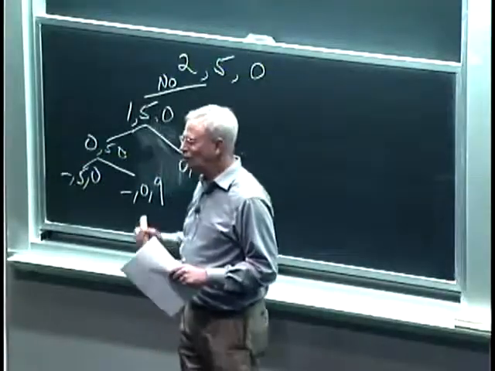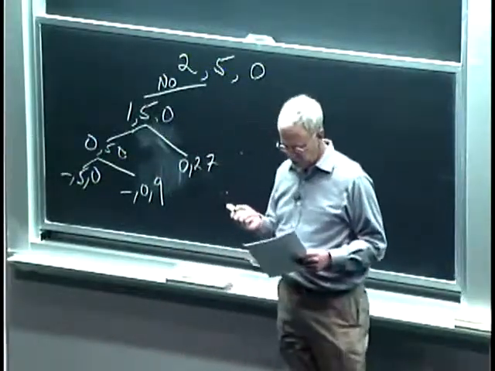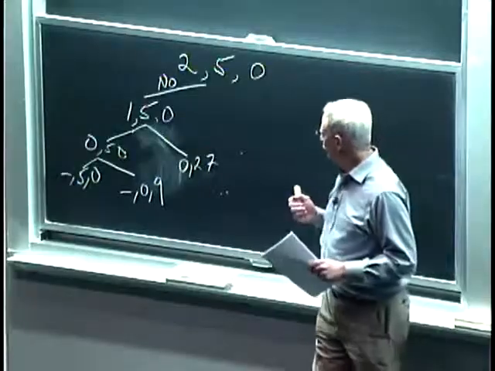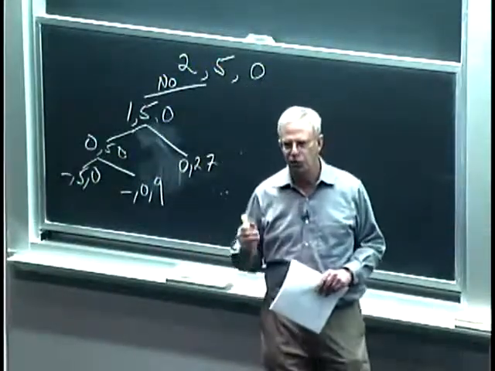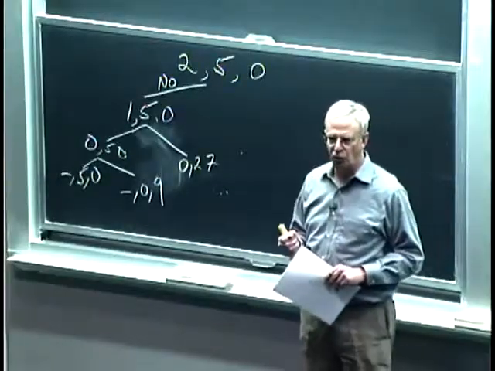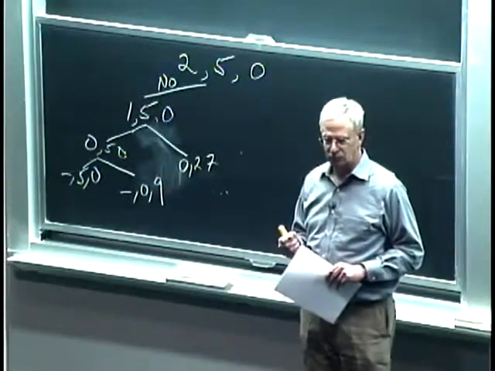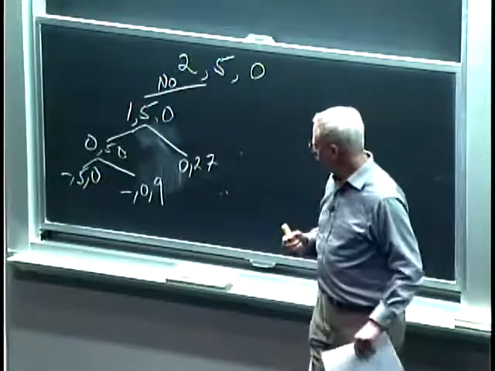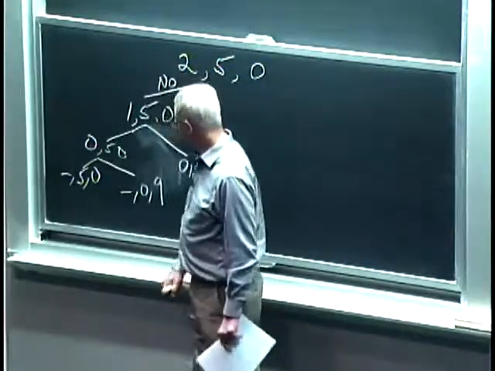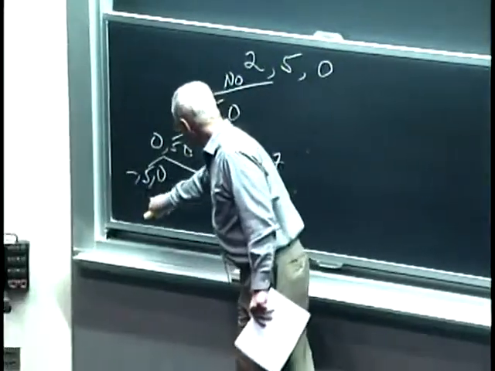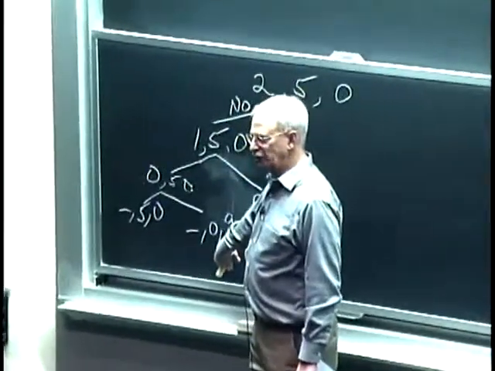But what I want you to notice is that for each node except the leaves, the solution for that node can be computed from the solutions from its children. So in order to look at the solution of this node, I choose one of the solutions of its children.